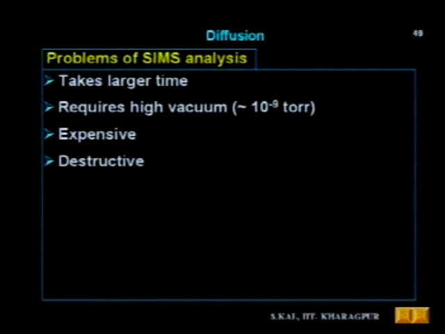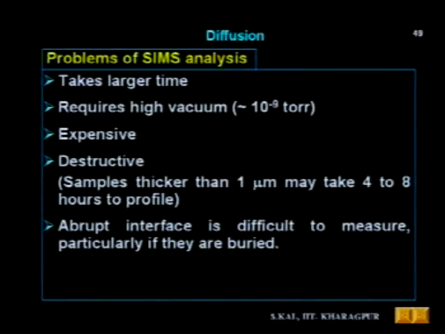That means after sputtering you are disturbing the crystal surface, and the same wafer cannot be used for further processing for fabrication of devices. Okay, the same wafer you cannot use. So once you test it, you have to throw it away. So it is a destructive phenomenon. So that is expensive, destructive. Samples thicker than 1 micron may take 4 to 8 hours to profile.